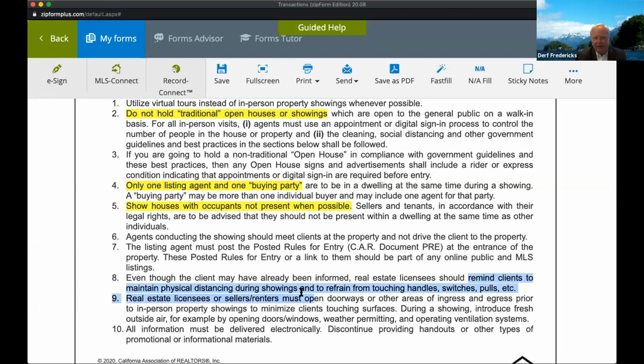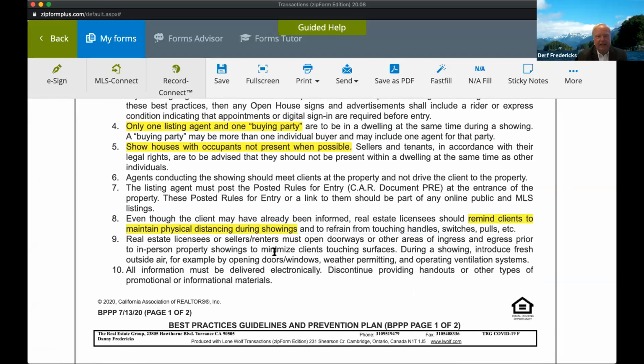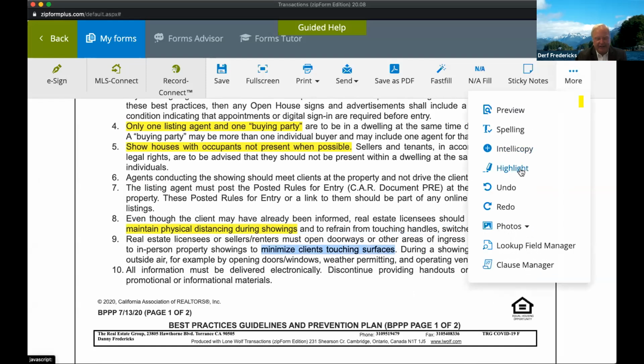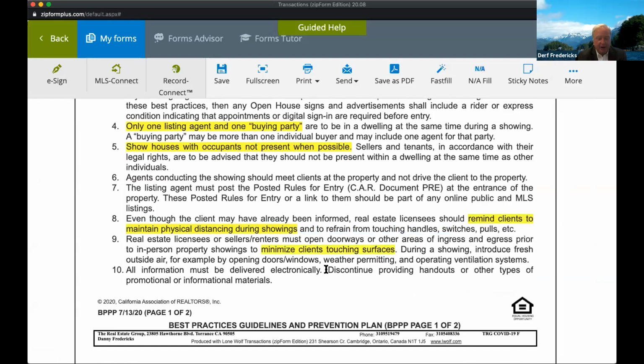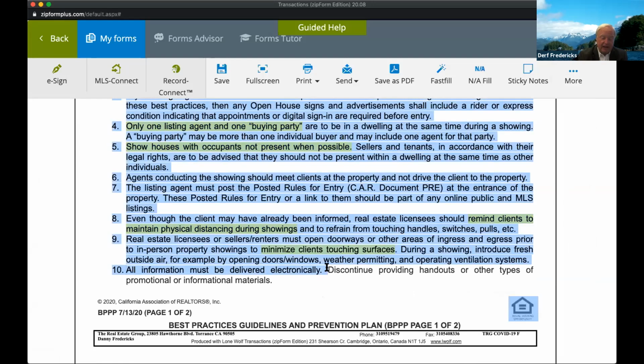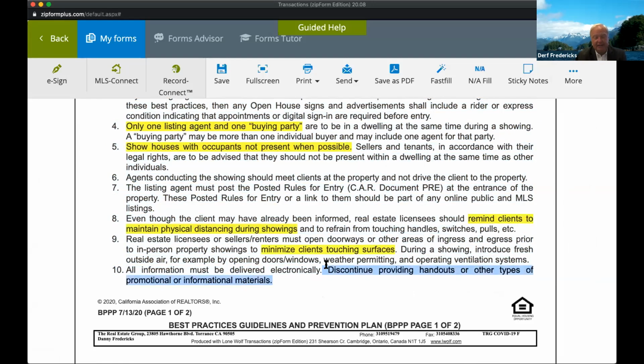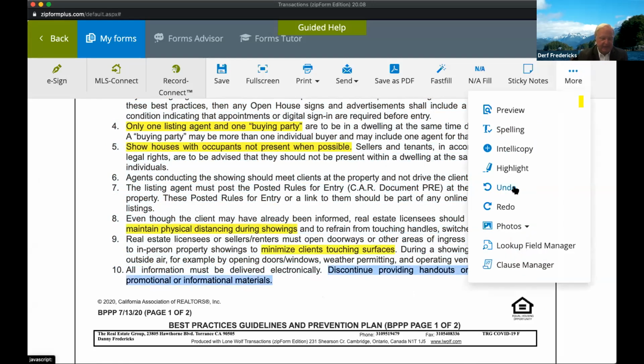All material, this means the flyers and any advertisements, should all be done electronically. So don't have any handouts at the property, and don't have your buyer expect to get any handouts.